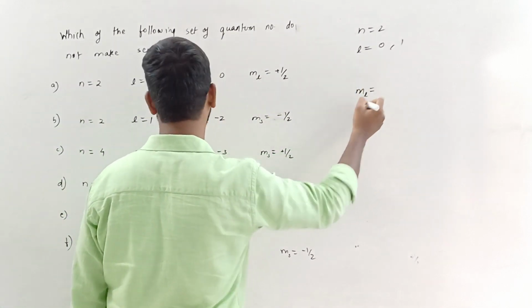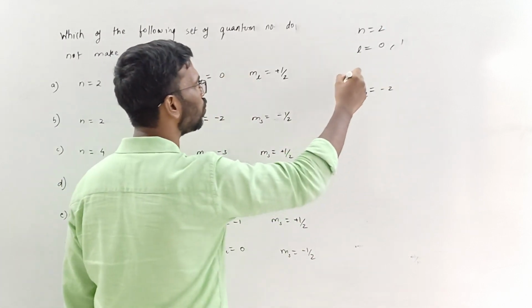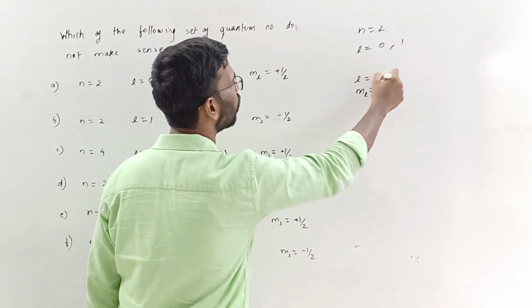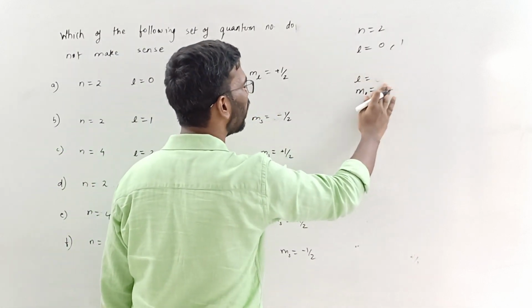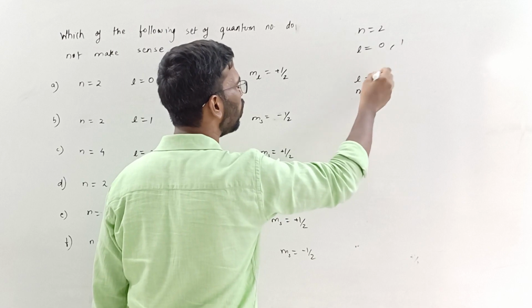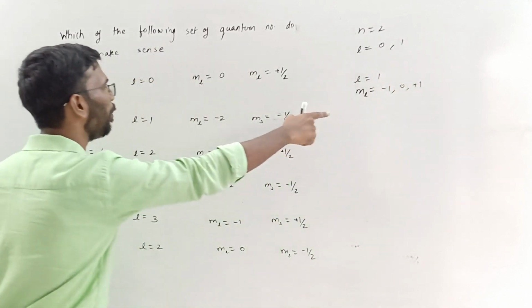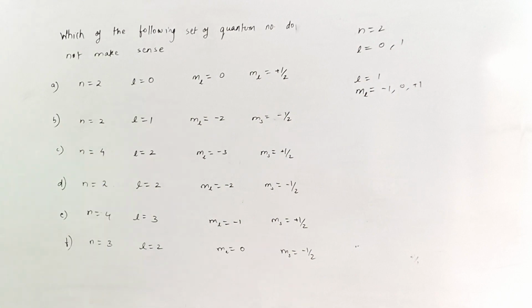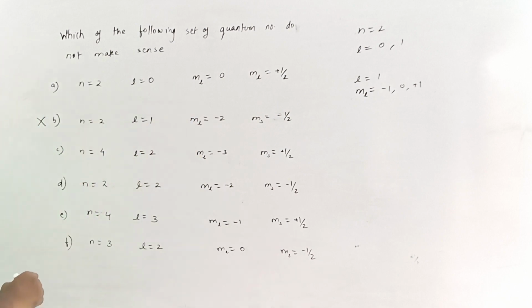Is it possible for ml to be -2? For ml to be -2, l should be at least 2, which is not there, right? The values we can have are -1, 0 and +1. ml cannot be -2 for this, right? So this is an option which does not make sense. ml cannot be -2 when l is equal to 1.